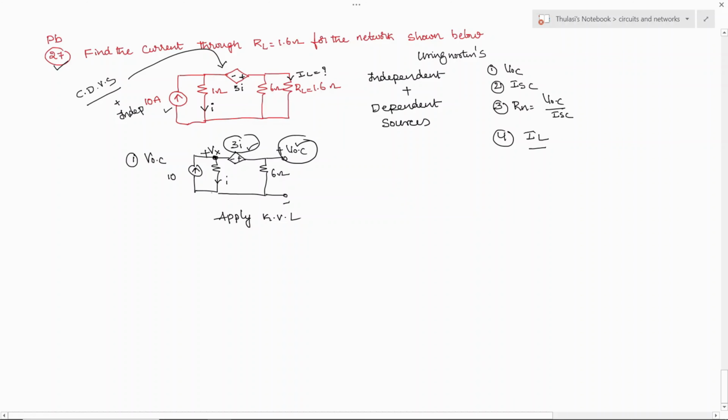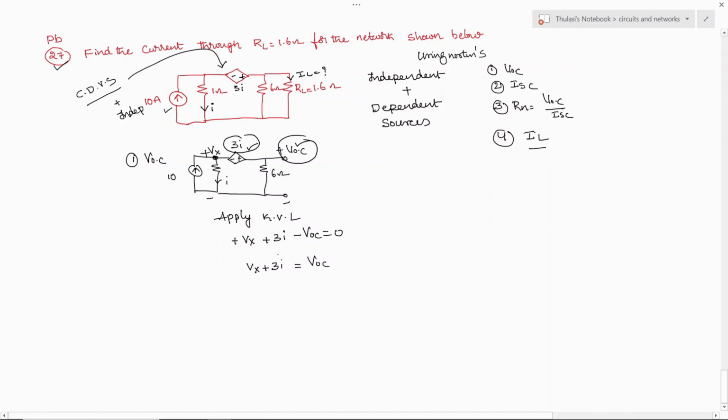So the terminals of this unknown voltage is Vx. So whenever the current is leaving, let's link all the voltages, which is plus Vx, next one plus 3 into I, next one minus VOC is equal to 0. So we require the value of VOC, that is equal to Vx plus 3I.